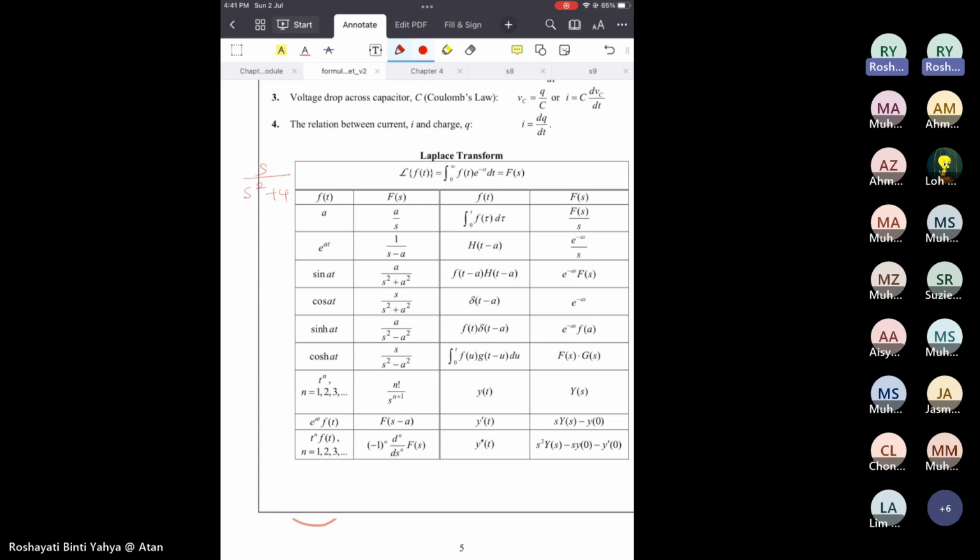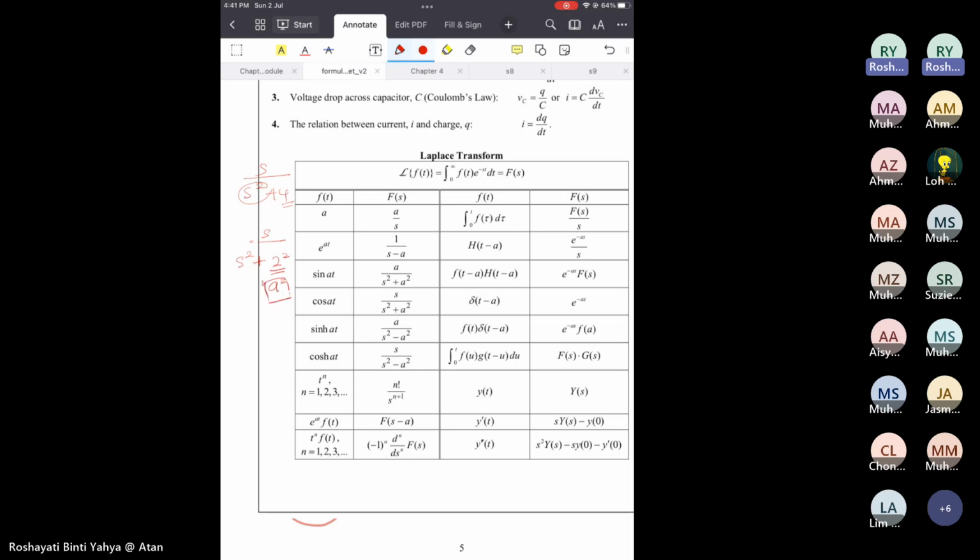So since S squared here must be A squared, this becomes S over S squared plus 2 squared in order to make it as A squared.